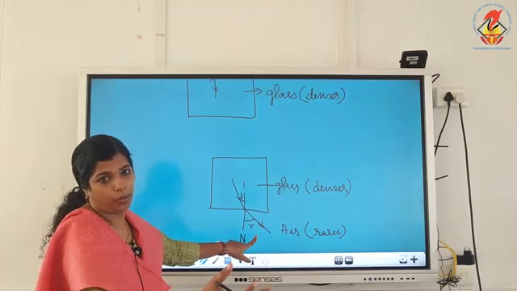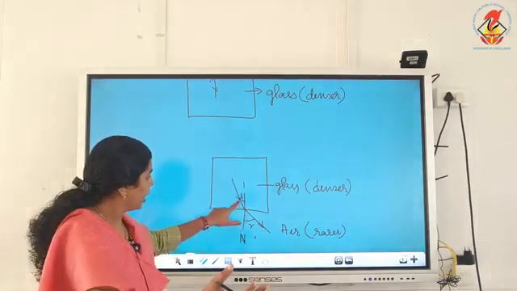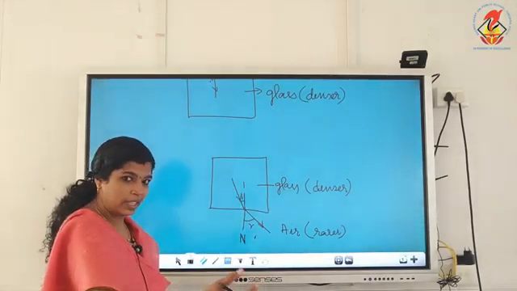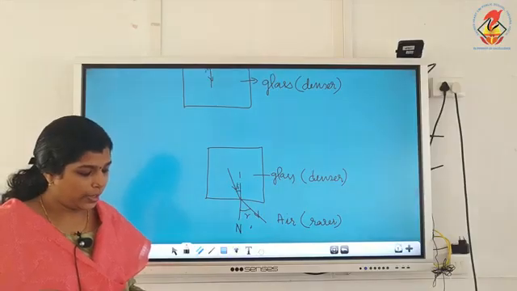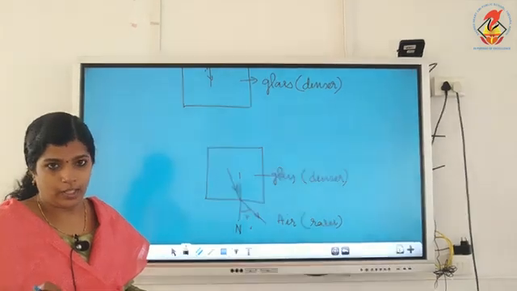Okay. So, here the angle of incidence will be less and the angle of refraction will be more. When a ray of light enters from a denser medium to a rarer medium, it bends away from the normal at the point of incidence.